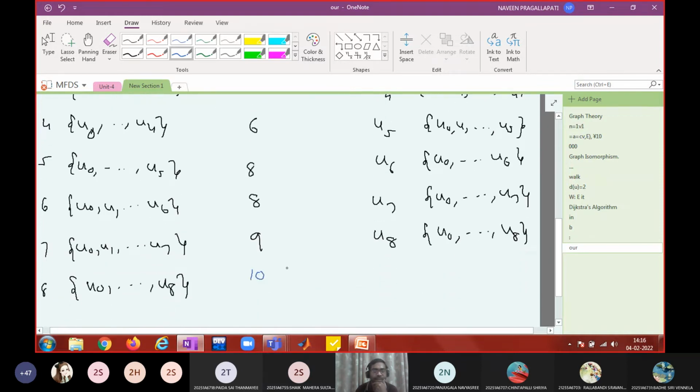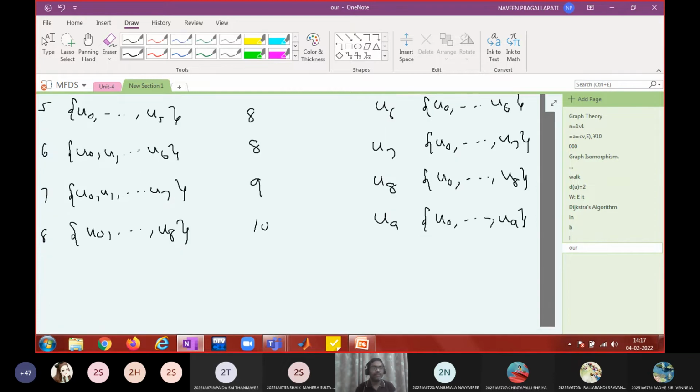So this is 10. When I say this is 10, the new node is U9. So U0 to U9. Is that okay? Ninth iteration, U0 to U9.